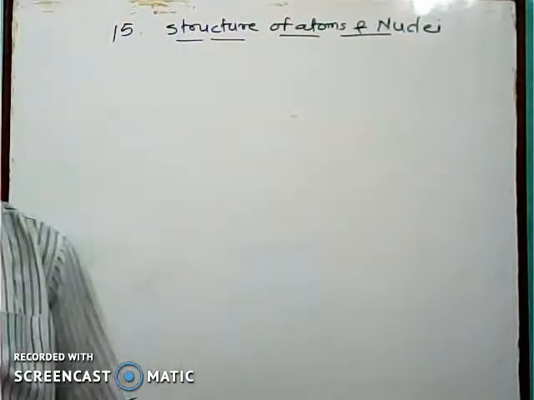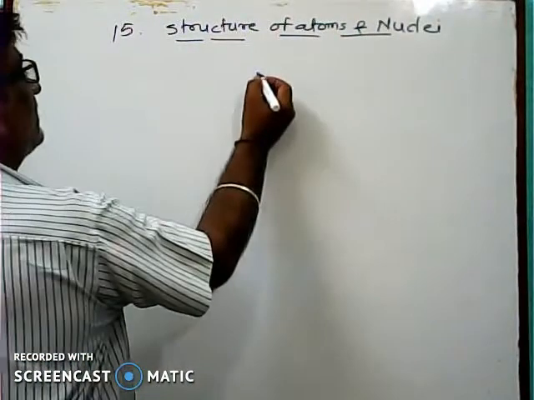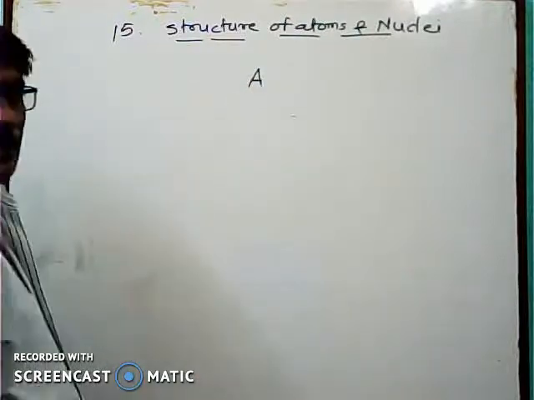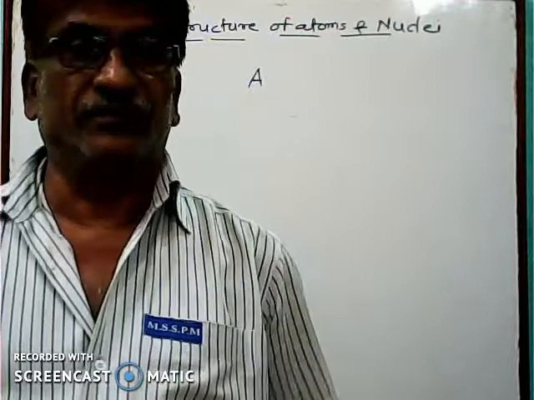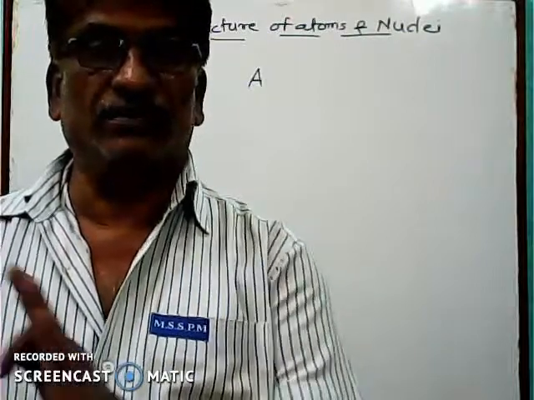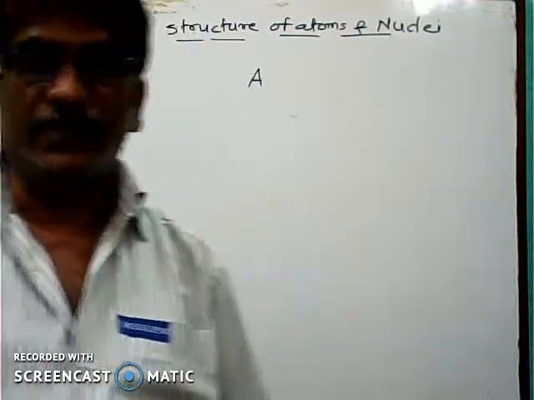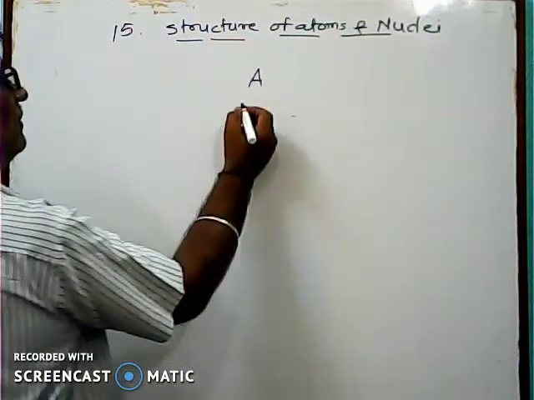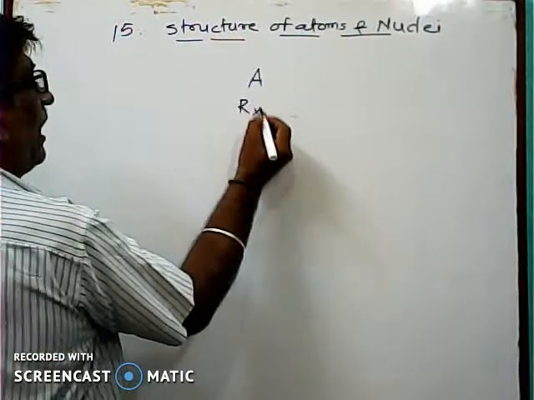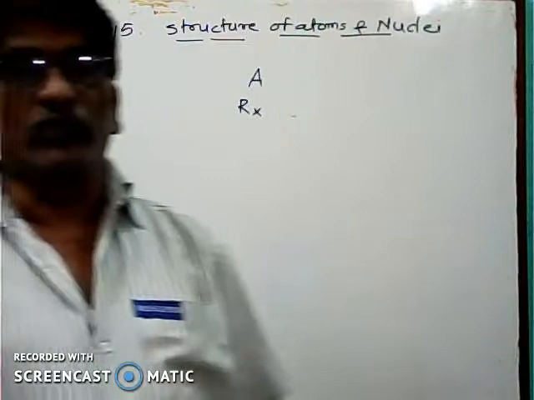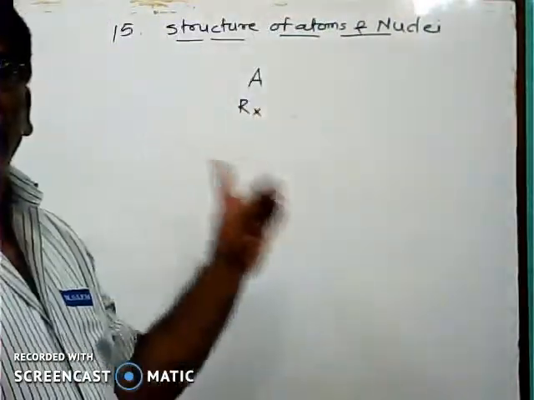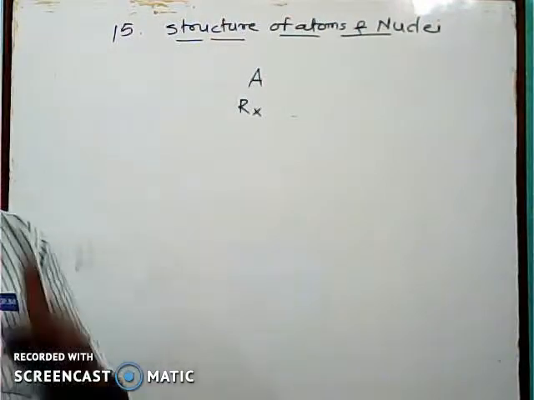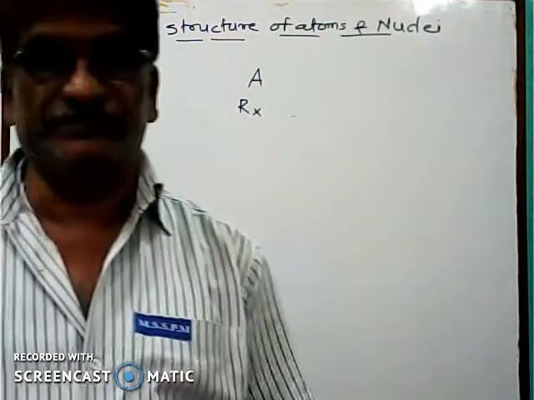Let us consider capital A as the atomic mass number, and Rx. We know that if X is an element, then Rx is the radius of the element.